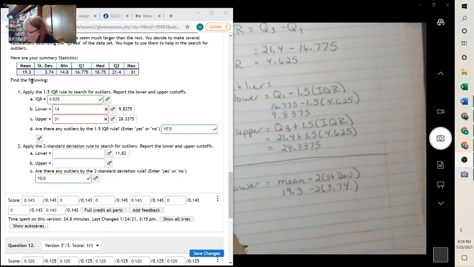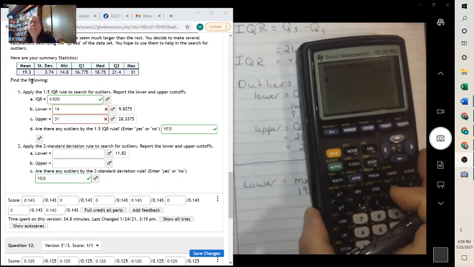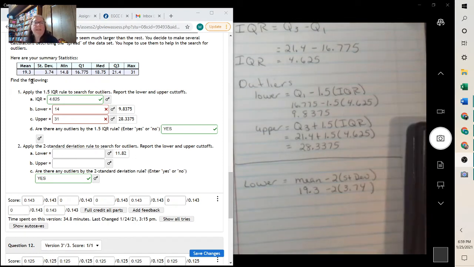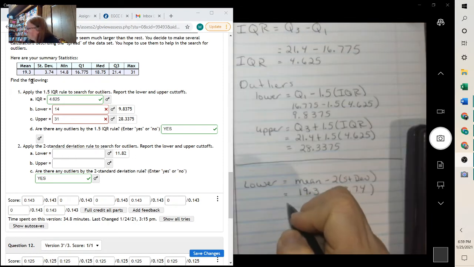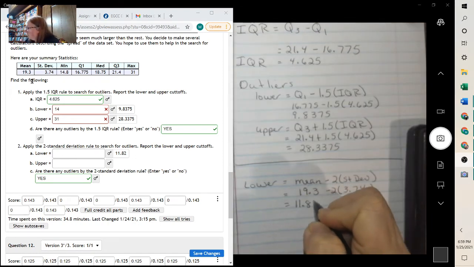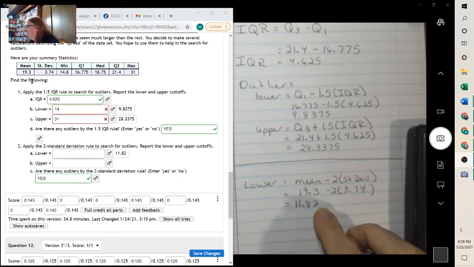So 19.3 minus 2 times 3.74 gives us 11.82. So if it's below 11.82, it's an outlier. And that's what they got here.